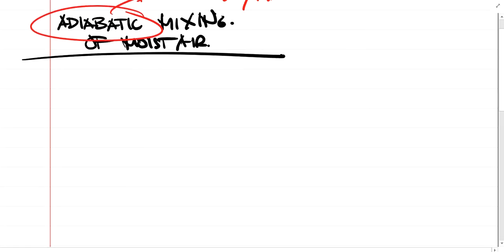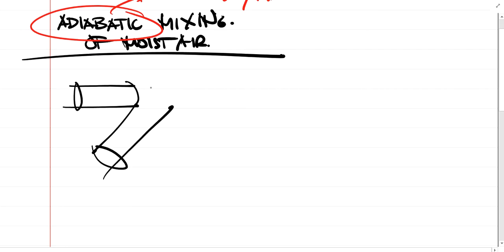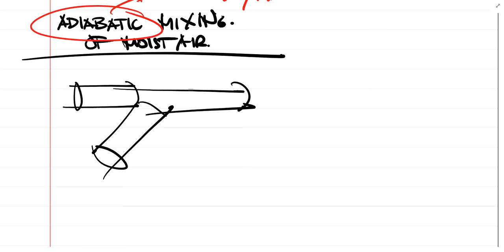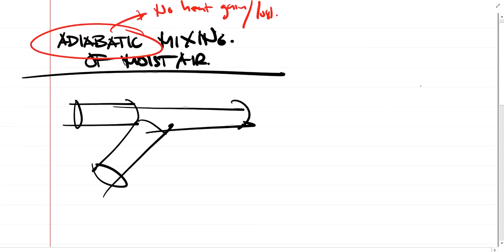For example, let's say we have this ducting right here, and then it converges with another air duct, and then exits into one passageway. Here's our airstream 1, and we have airstream 2, and therefore we have airstream 3.